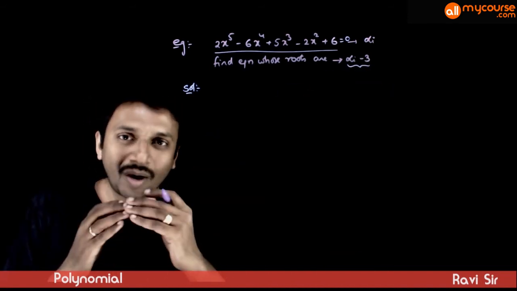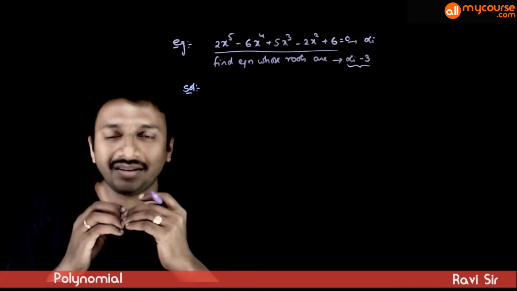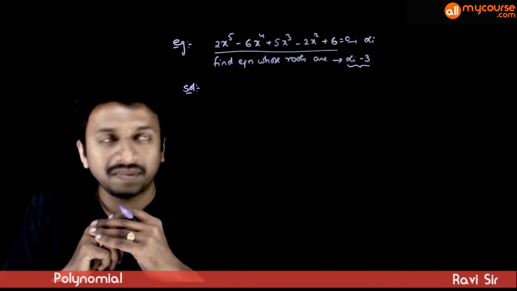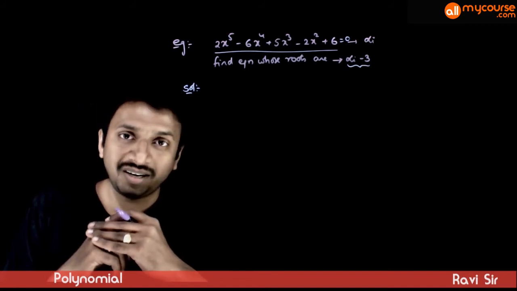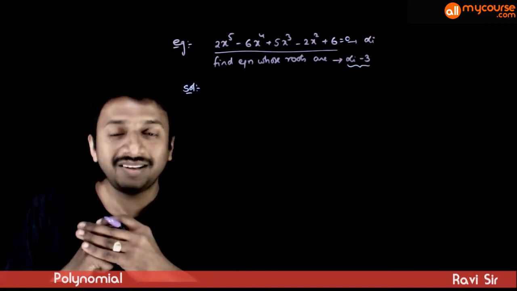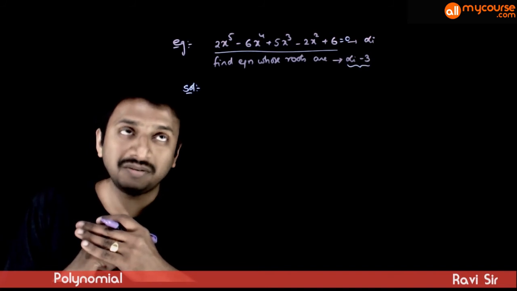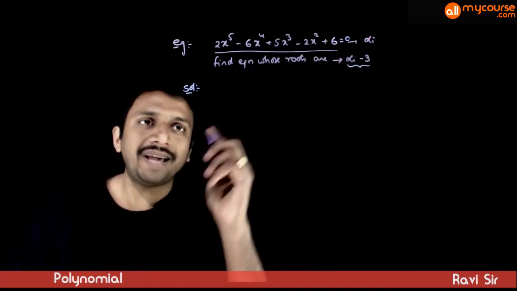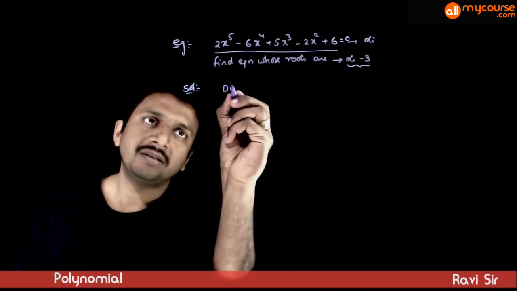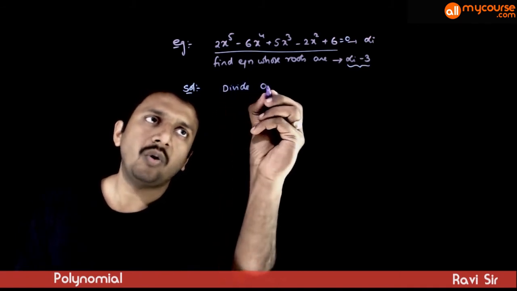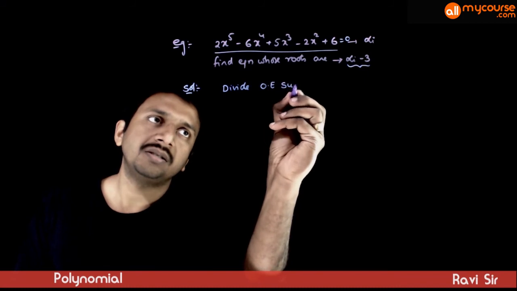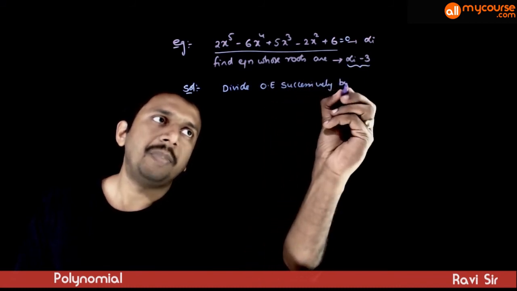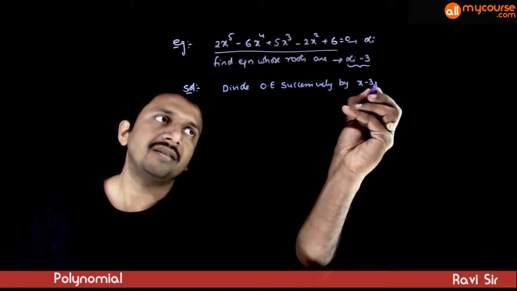That means you are asked to reduce the roots by a constant 3. How do we get the coefficients of the transformed equation? We just need to divide the original equation successively by x minus 3.